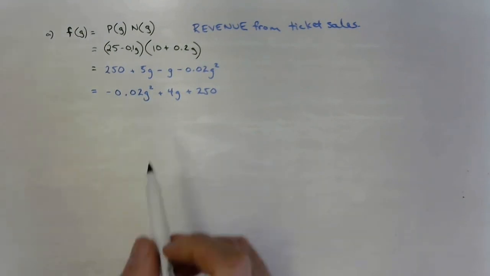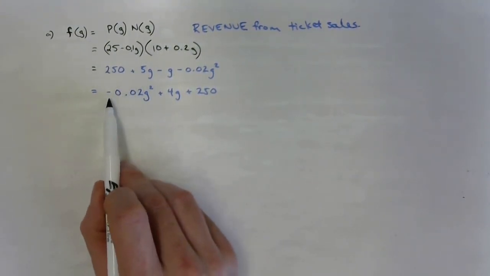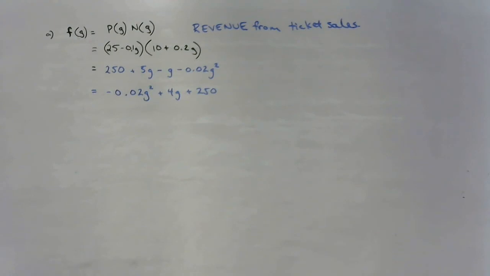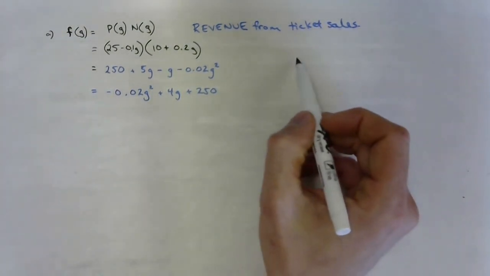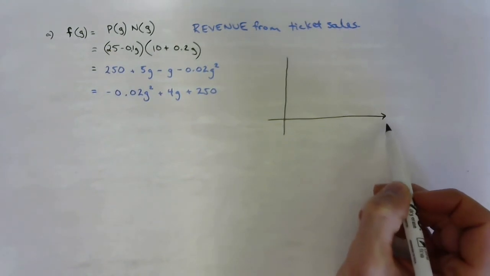And we're going to draw a quick sketch of this. It's a parabola. It's really wide. It opens down. We could figure out where it reaches its max, but we're not going to. It's only relevant for G greater than 0.